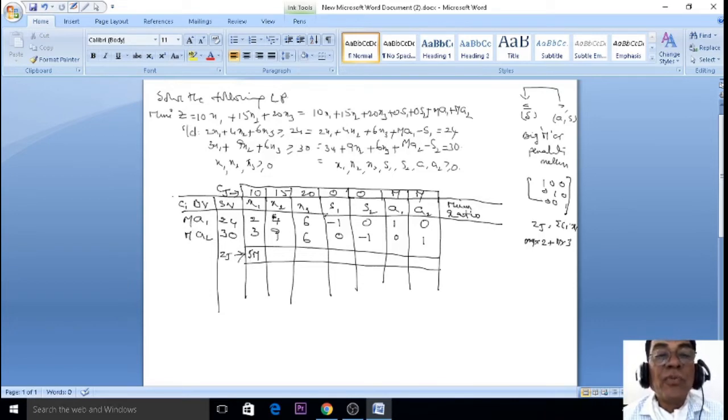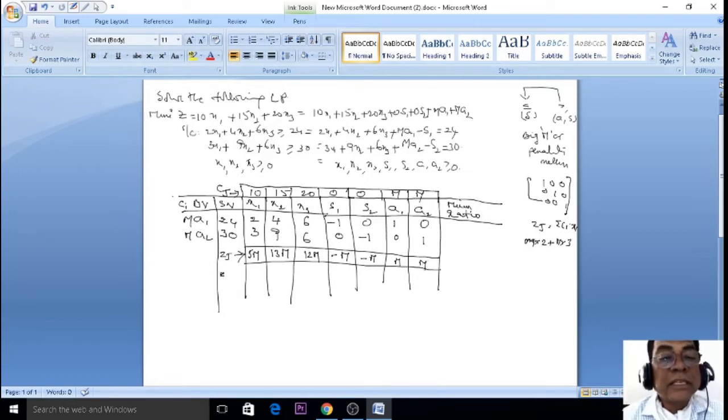M into 4 plus M into 9, 13M. M into 6 plus M into 6, 12M. And this is minus M, because M into 0 plus M into minus 1. Like this, this is M and this is M.